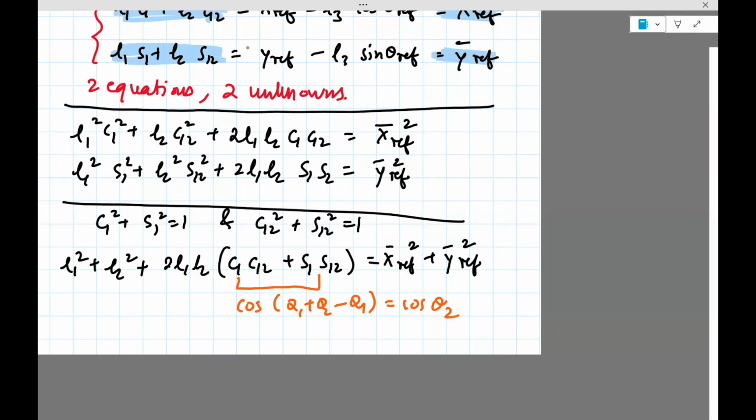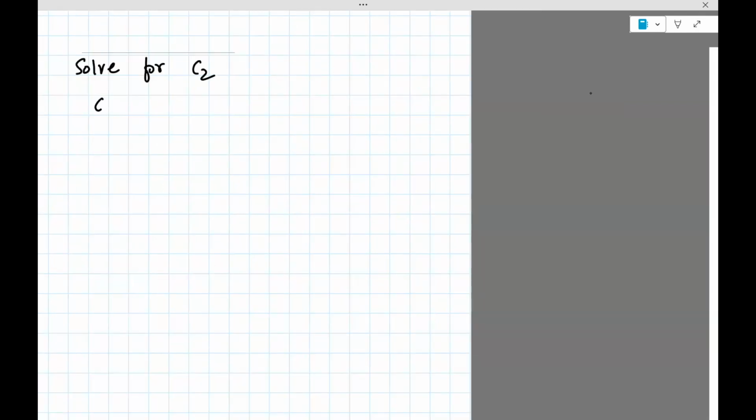You need to take the cosine inverse. I'm just going to write the expression for cosine theta 2. So C2 is going to be x bar f square plus y bar f square minus L1 square minus L2 square, divided by 2 L1 L2.